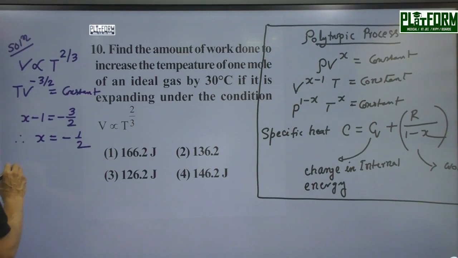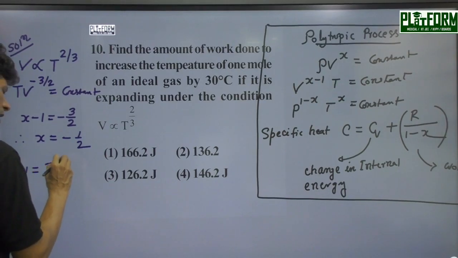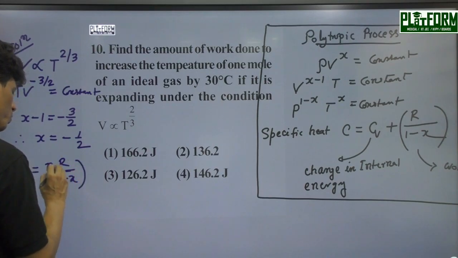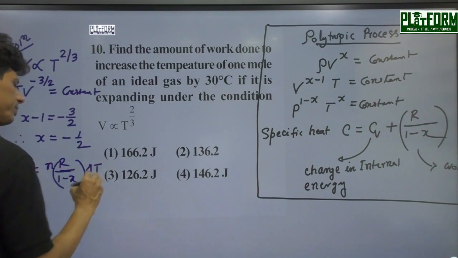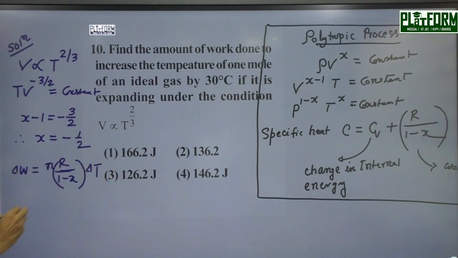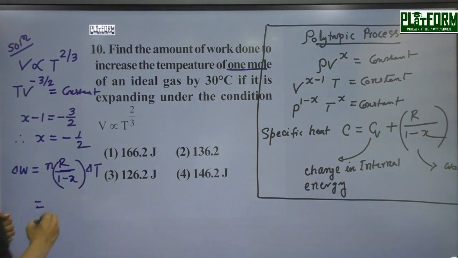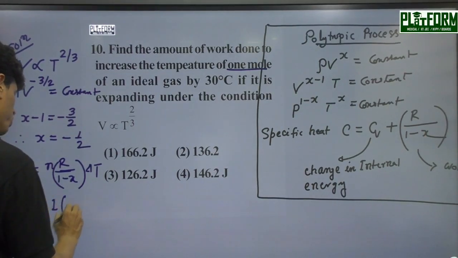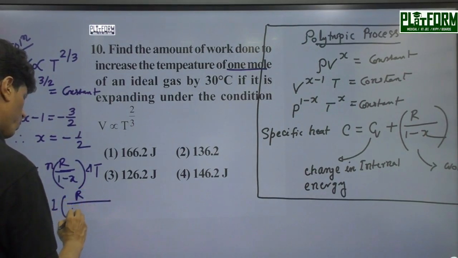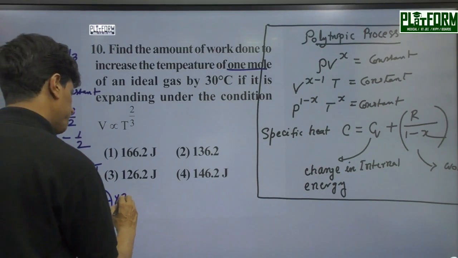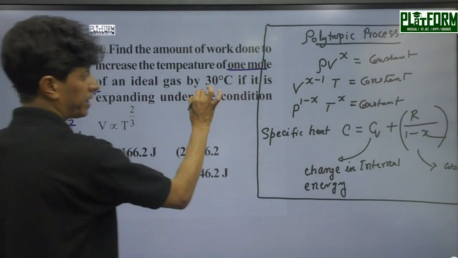And for work done, you have to write nR(1 minus x) into delta T. Number of moles given is 1 mole. So 1 into R(1 plus half) into 30. Temperature change is 30 degrees centigrade.